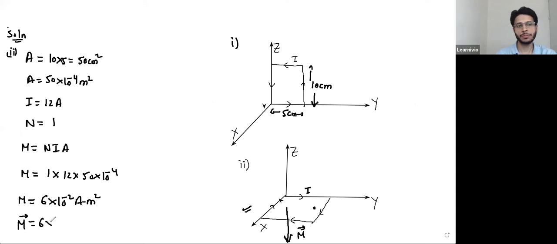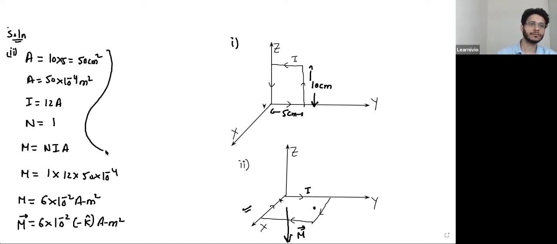So the magnetic moment that I am using is 6 into 10 raised to the power minus 2. It's along negative z-axis, which means minus k cap ampere meter square. That's the magnetic moment. After this, we can do one more thing. Magnetic field is 3000 Gauss.